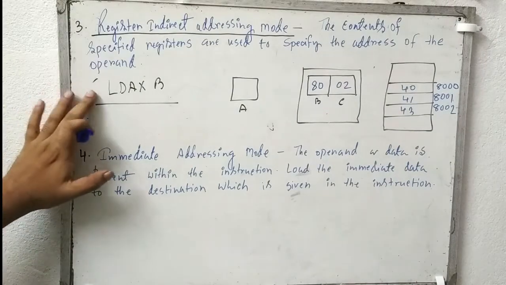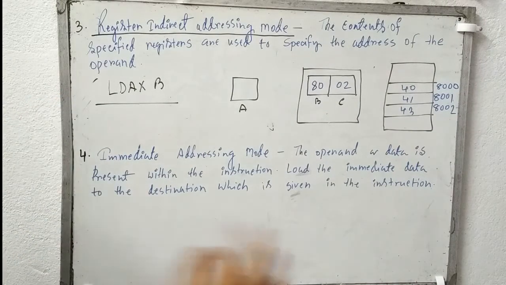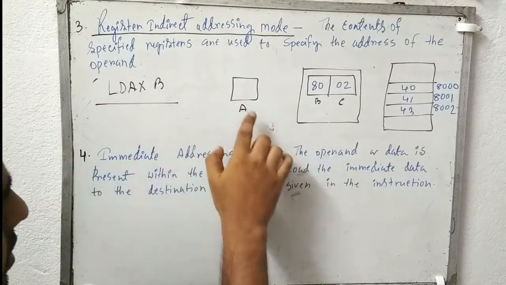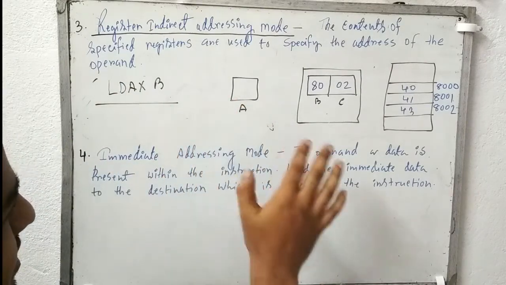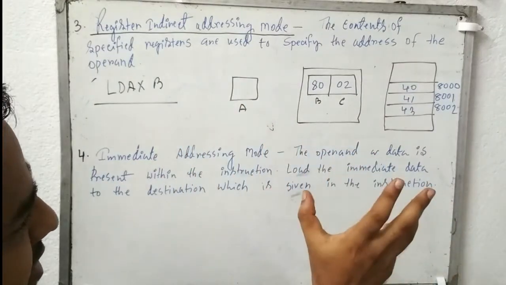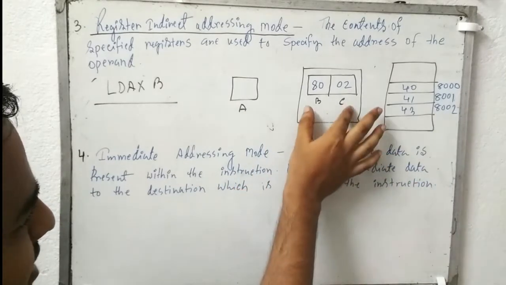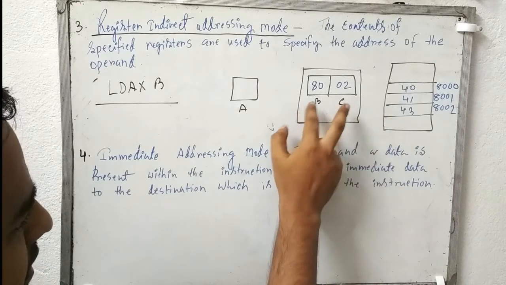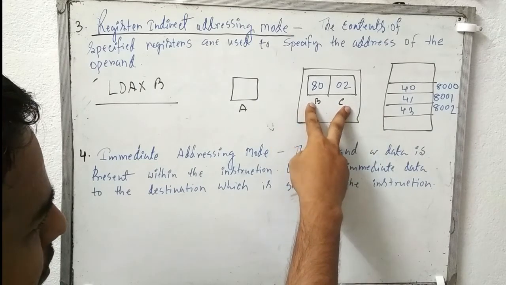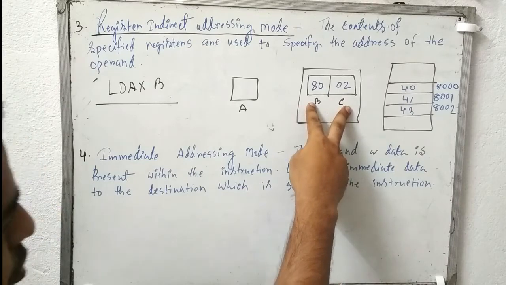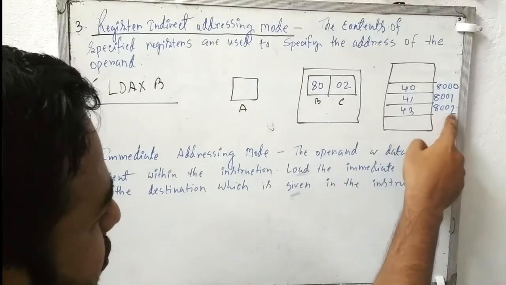So this instruction means load the accumulator with the content whose address is stored in the BC register pair. That means in the BC register pair the address is stored, which is 8002.